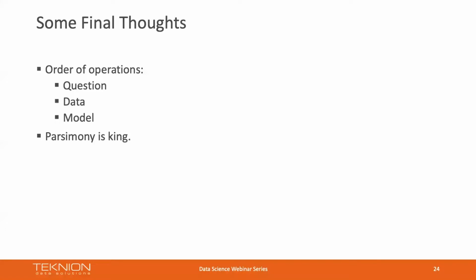Okay, and so again, parsimony is king. That whole Occam's razor principle. When you have a lot of solutions, usually the simplest one is the best and the most right.